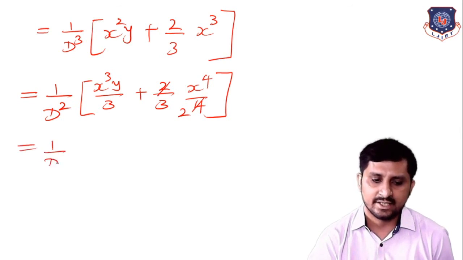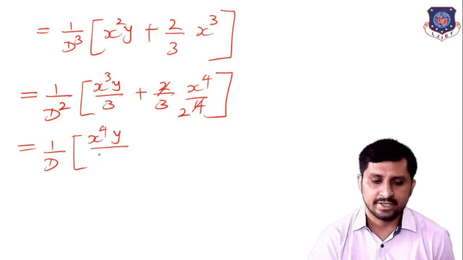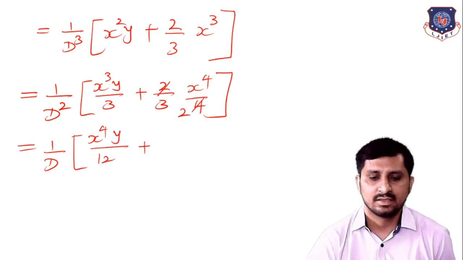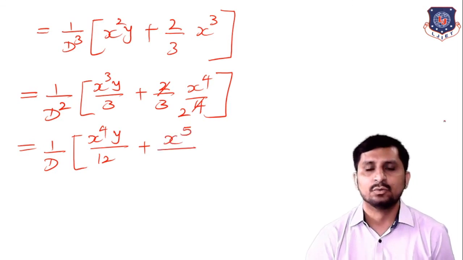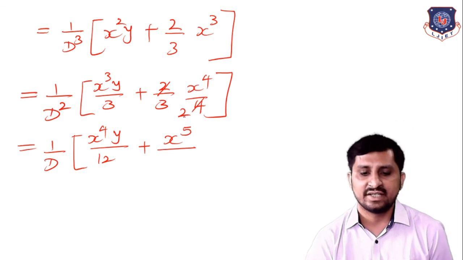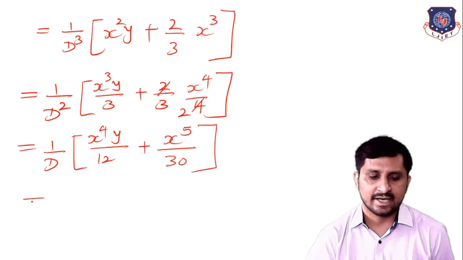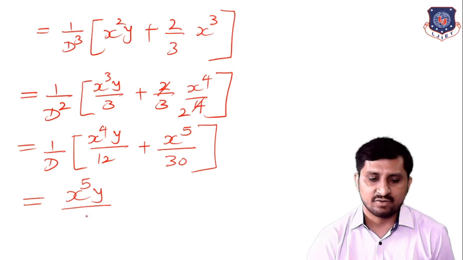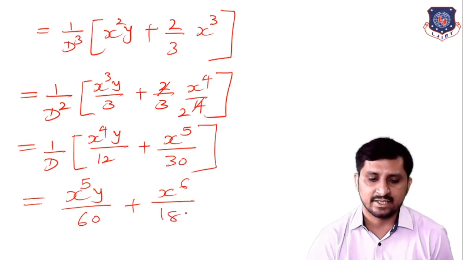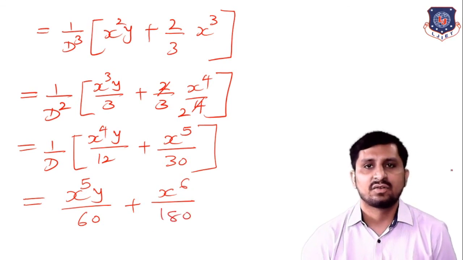Now once again integration, so x raised to 4 y by 4 into 3, 12, plus x raised to 5 by 5, and in the denominator we already have 6, so 6 into 5, 30. And now again integration, so x raised to 5 y by 12 into 5, 60, plus x raised to 6 divided by 30 into 6, so that is 180. So this is my final answer for this example.